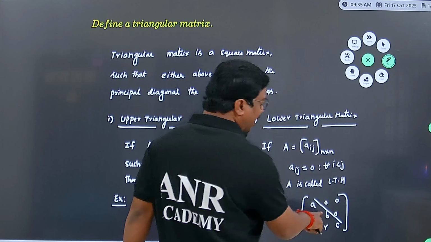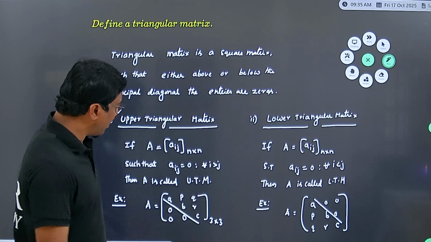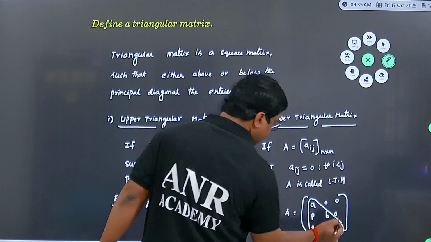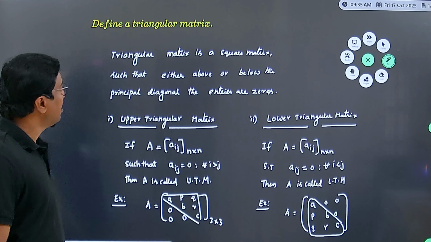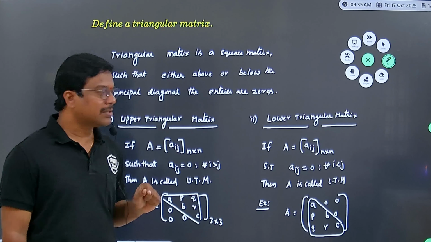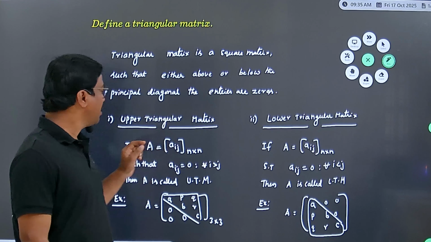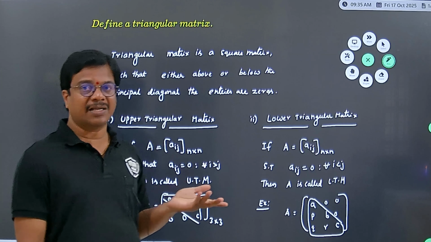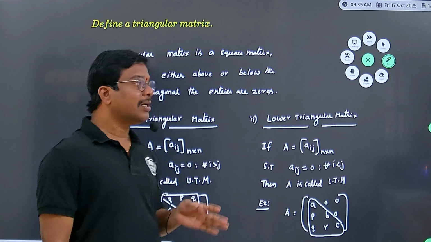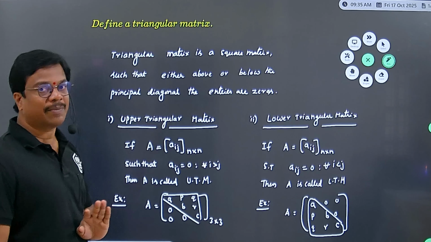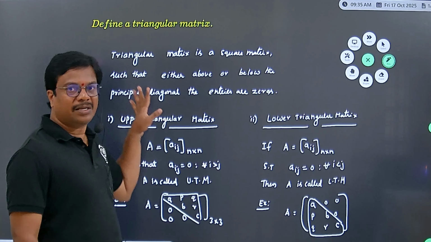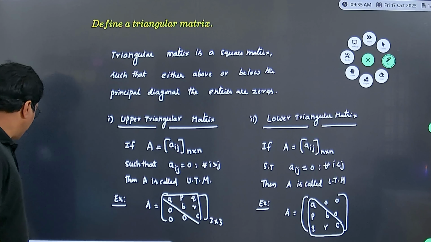So this is lower triangular matrix and this is upper triangular matrix. This is about triangular matrix. Maybe the question asks define upper triangular matrix, define lower triangular matrix, or simply define triangular matrix. It is enough to write this data. Next, move to the next one.